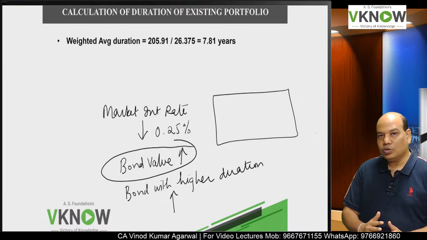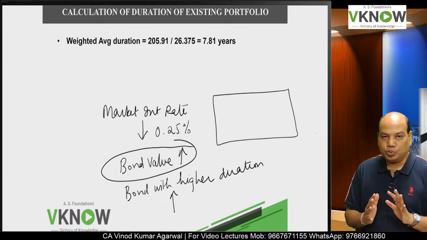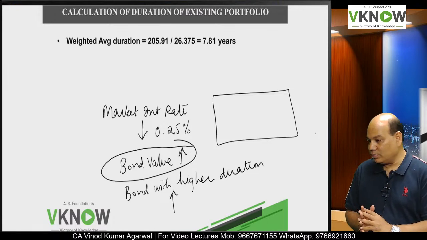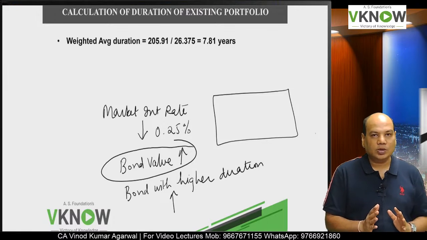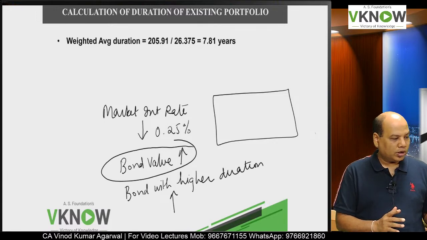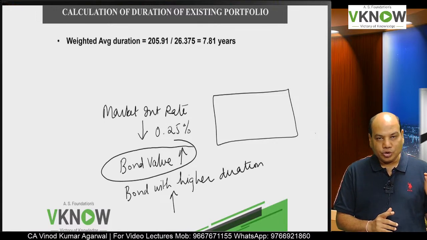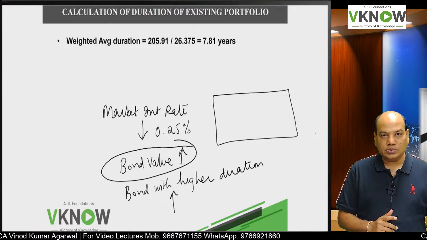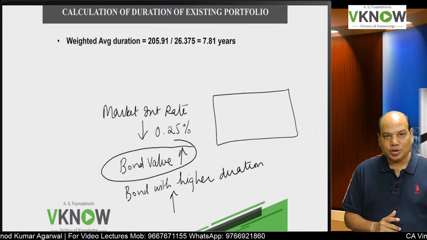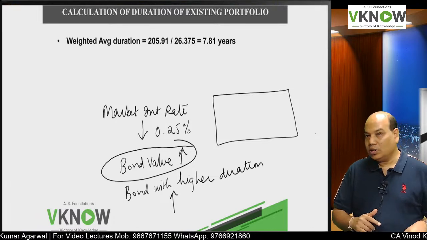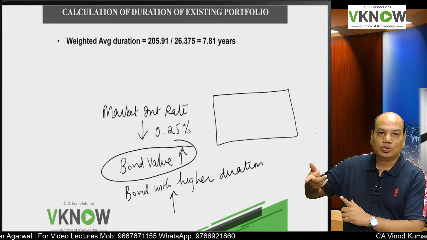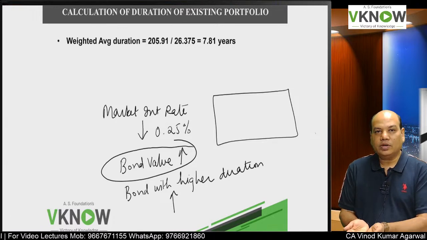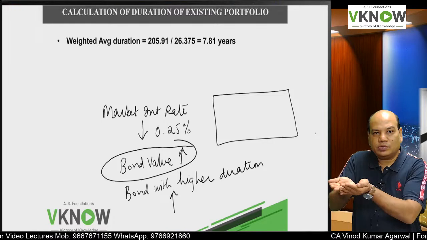Duration of the portfolio can be increased by putting more money in bonds of higher duration and less money in bonds of lower duration. So you will sell the bond which has lower duration, that is 2006 bond, and you will invest in the bond which has higher duration, which is 2032 bonds. So that way your average duration will go up.